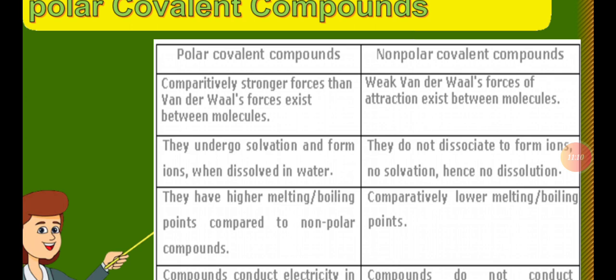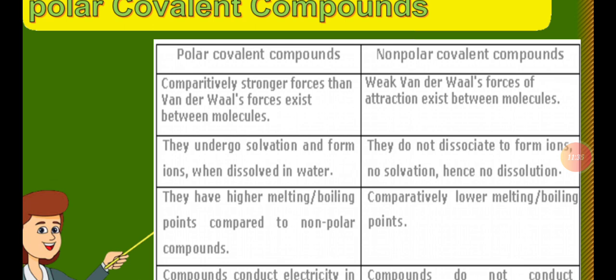Whereas in polar molecules, we have poles developed, which are called dipoles, and dipole interactions are much stronger as compared to van der Waals. So they have stronger forces of attraction in polar covalent molecules as compared to non-polar.